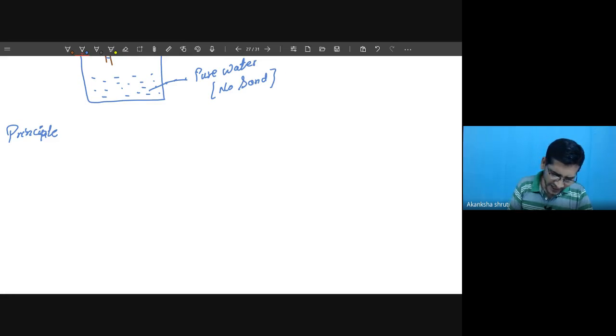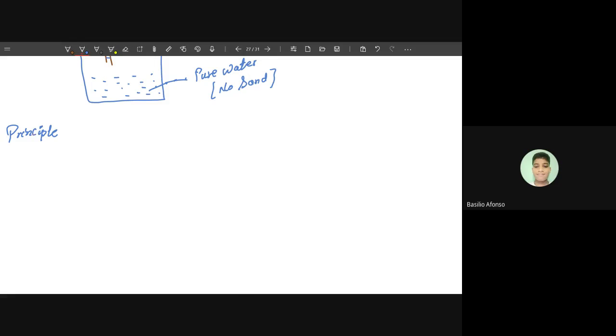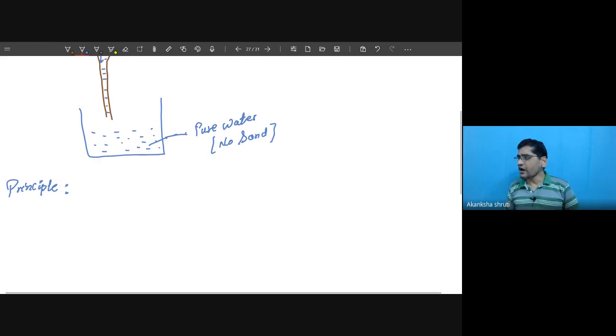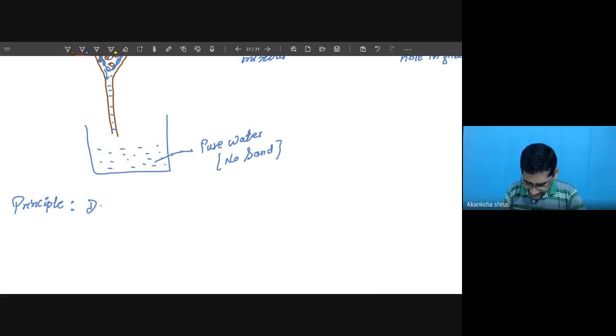So what is the principle behind this? Smaller particles will go down and larger particles will stay there. So the size of solute or solvent, or the difference in it, is basically the difference in size. No, size means the volume, it is not the mass.